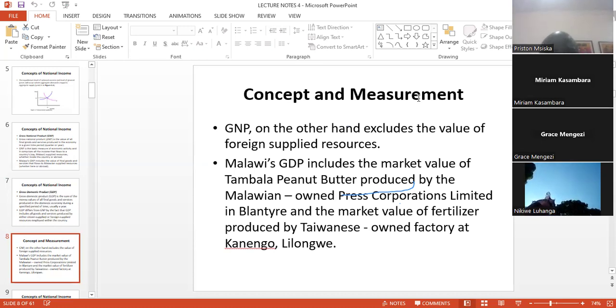So there is a market value, there is a price involved. In GDP we don't count bags of cement to calculate what the GDP of Malawi is. We calculate the value. And as you can see, this gives us a problem later on, but which I will talk about later.